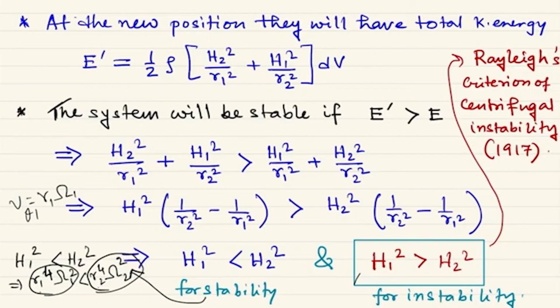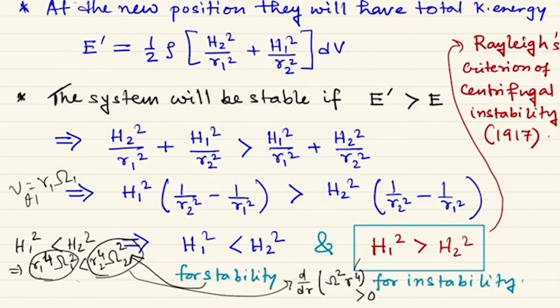In a differential way, if we interchange those two volume elements between two concentric layers which are infinitesimally close to each other, then an equivalent way of writing this is, because this is true for any layers, d/dr of omega square r to the 4 is greater than 0.